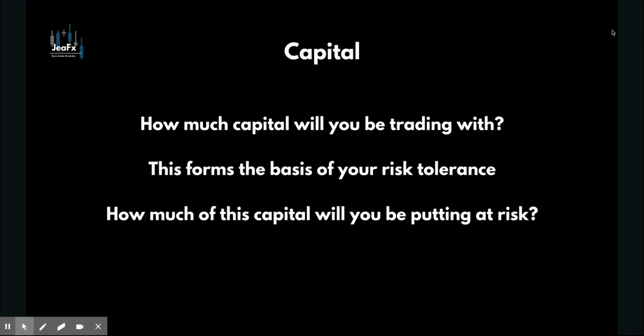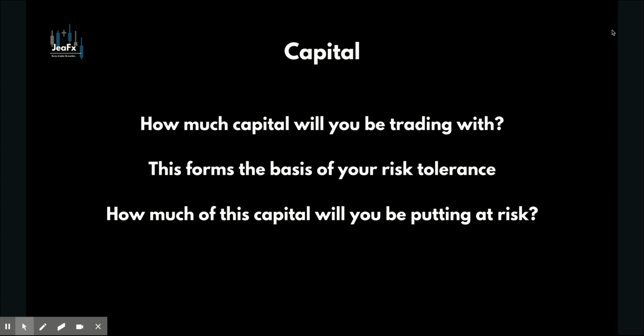Now, what I mean by this is if you are trading with a small account, $100, £100, you can go ahead and risk 4%. You may even go ahead and risk more, though I don't recommend it. But you can go ahead and risk 4% without feeling too stressed out, right? If you lose a trade, you're going to lose £4 or $4, and that's not a whole lot of your account.